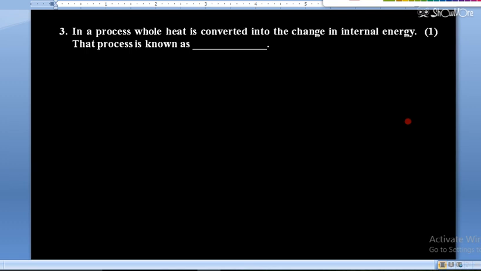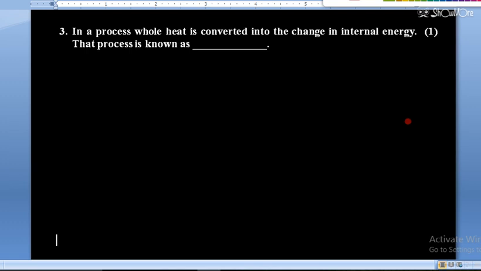So try to answer it again. Think about it. Okay. The question was, in the process, whole heat is converted into change in internal energy.